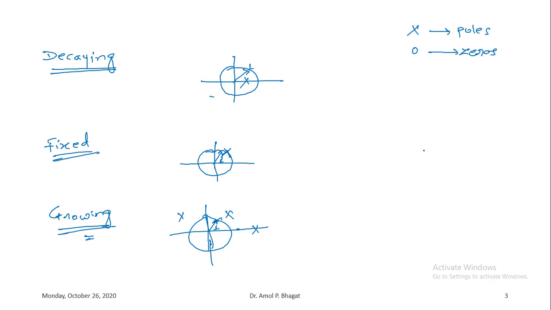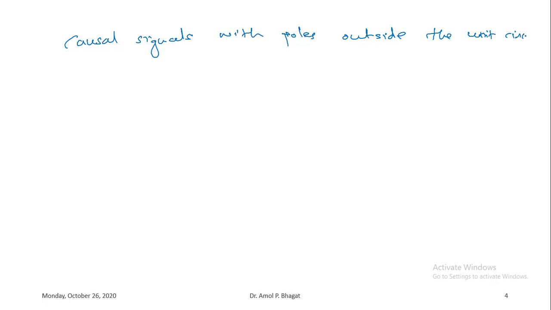Causal signals with poles outside the unit circle become unbounded.